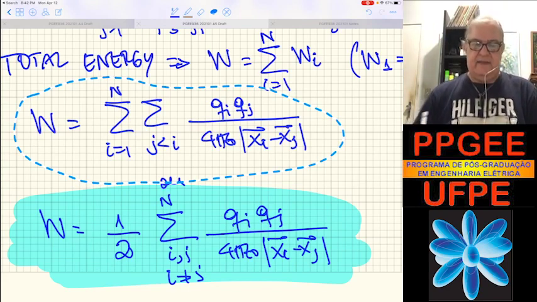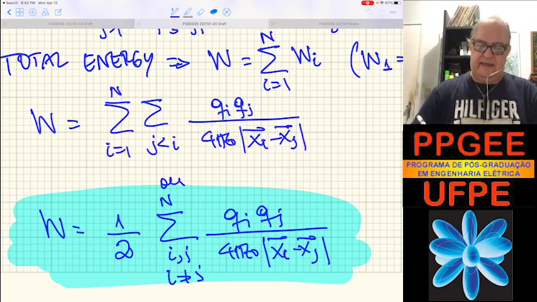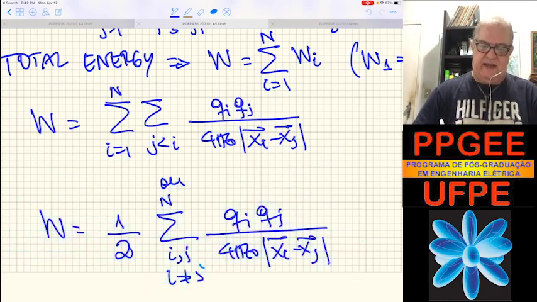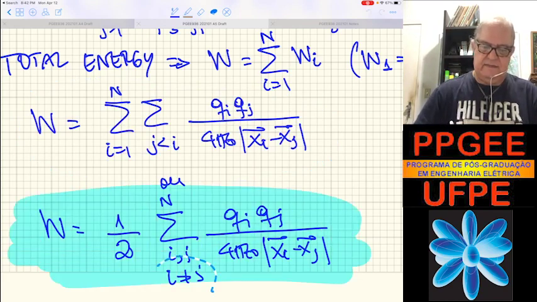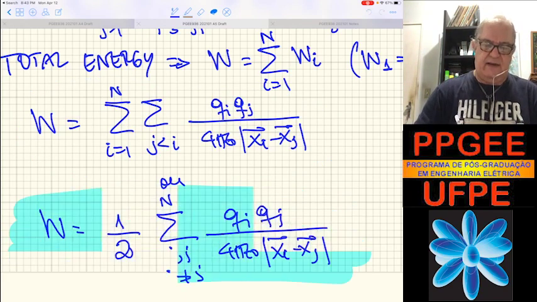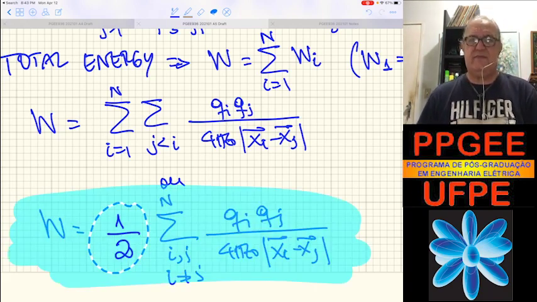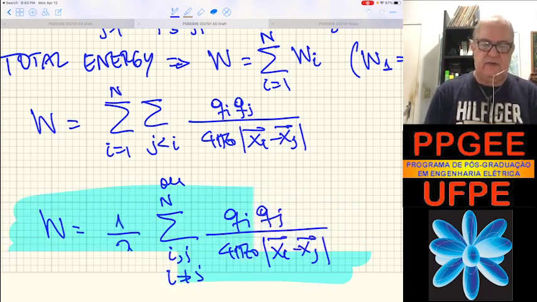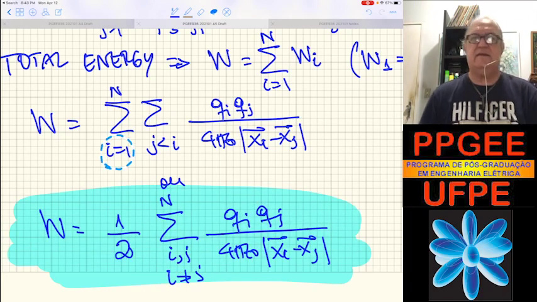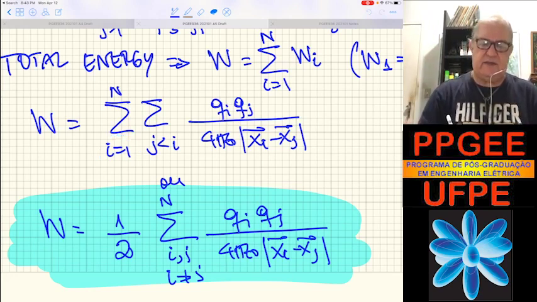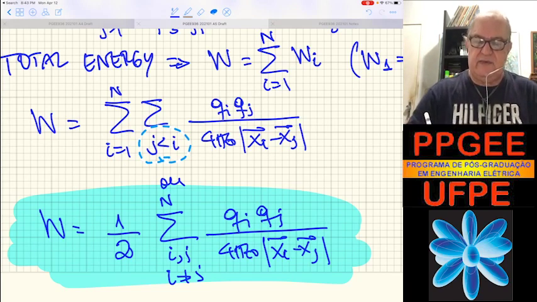This double sum can be made with different indices, if you put a 1/2 here, okay? You can show that if you have a conditional sum like this, where i is freely variable from 1 to n, but j is constrained to be smaller than i, it is the same thing, because you always have terms in which one factor is larger than the other, right?